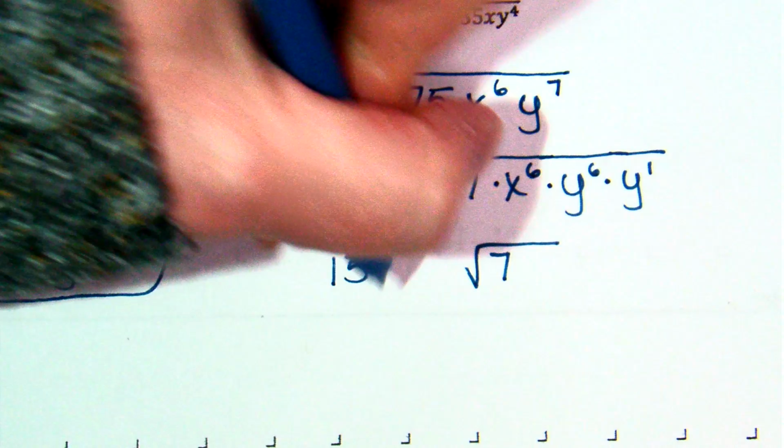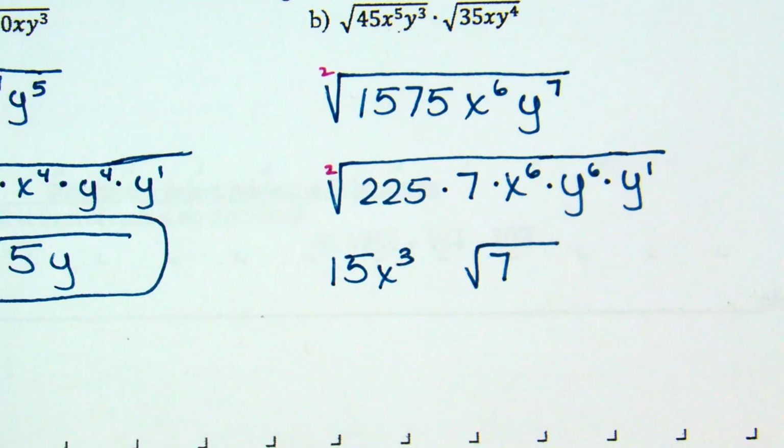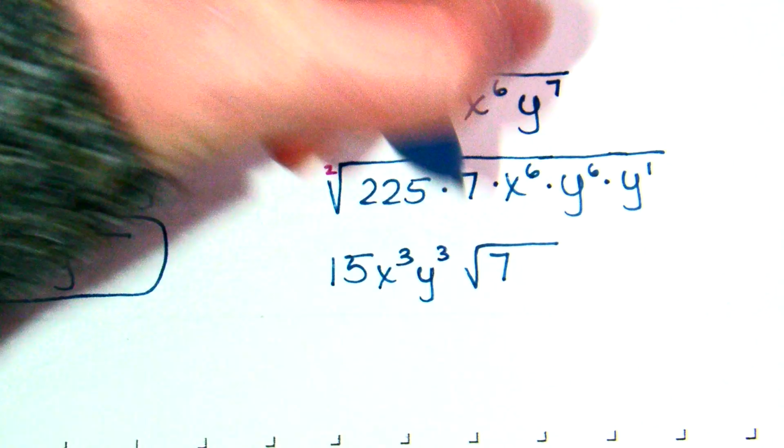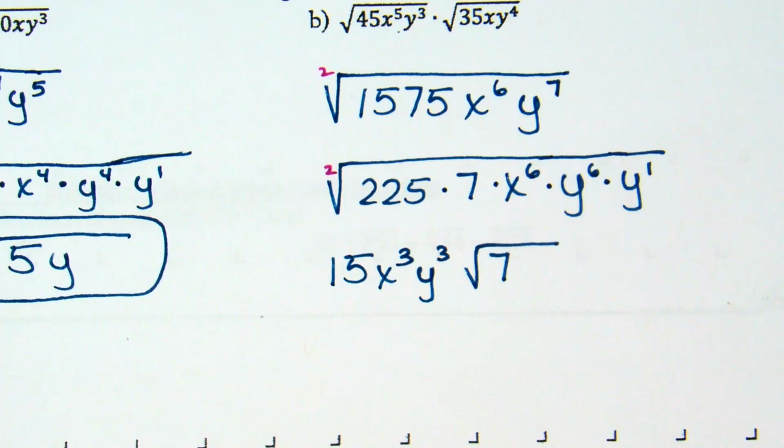It goes outside. Square root of y to the 6th: y to the 3rd, because we divided by 2 again. Square root of y to the 1st stays y under the radical because I can't do it. 7 and y. Does it look like I have any perfect squares left there? Nope, that looks pretty good.